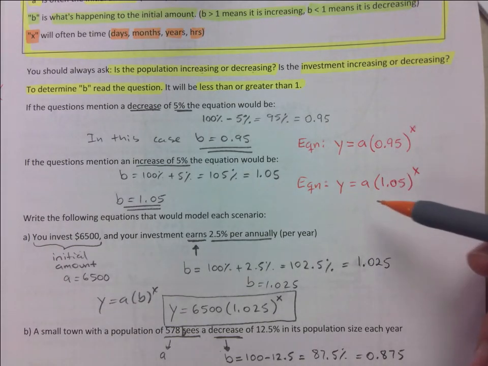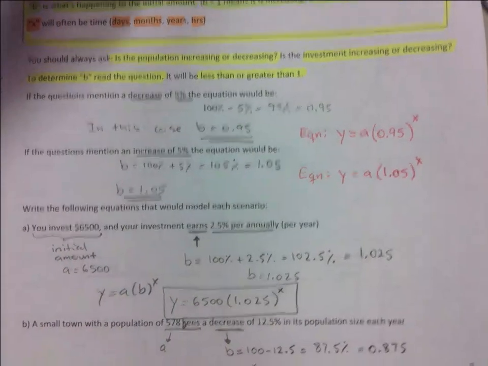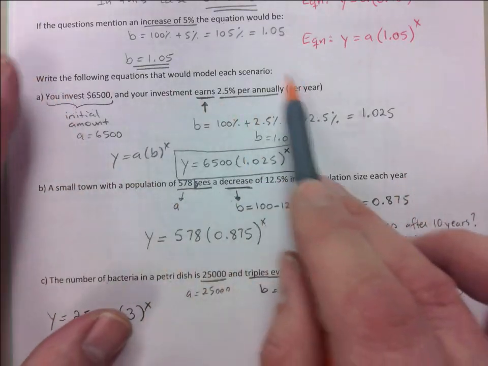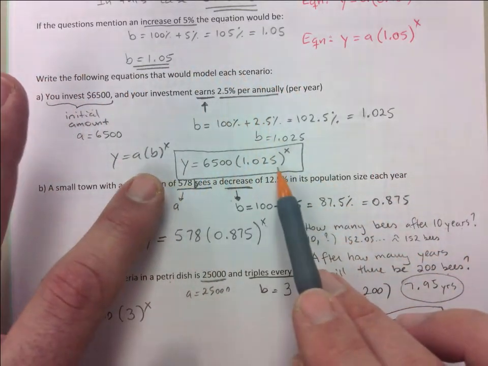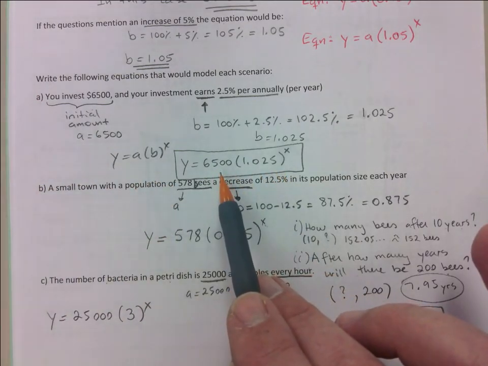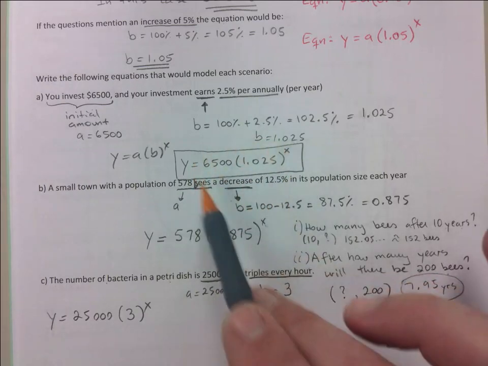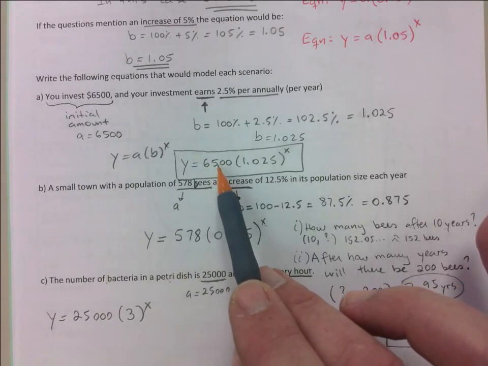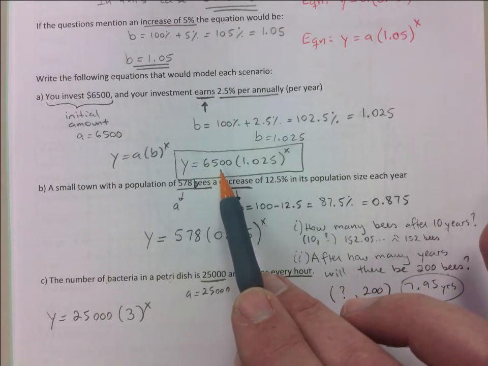I could also ask you just by looking at this, okay? Let's look at this one right here. I give you this equation. Forget about all the numbers. I just give you this and I ask you, we're talking money here. What was the initial investment in this situation? You should immediately know that it's this number. That's my starting point. That's my y-intercept, $6,500.